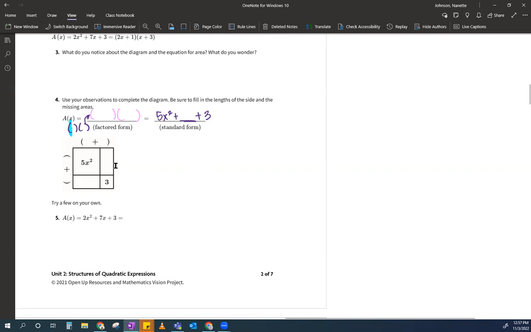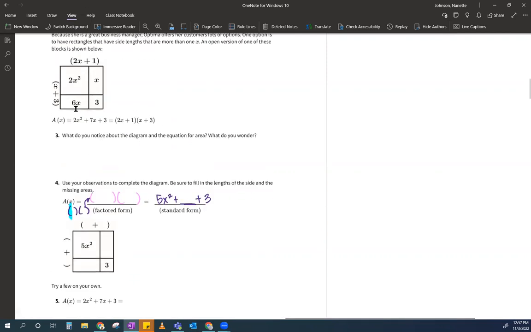What can I put? What can I put where? Ooh, someone says, hey, Ms. Johnson, I know that 2x plus 3x is 5x. Okay, but I'm looking for, how do I know what goes right here and right here?